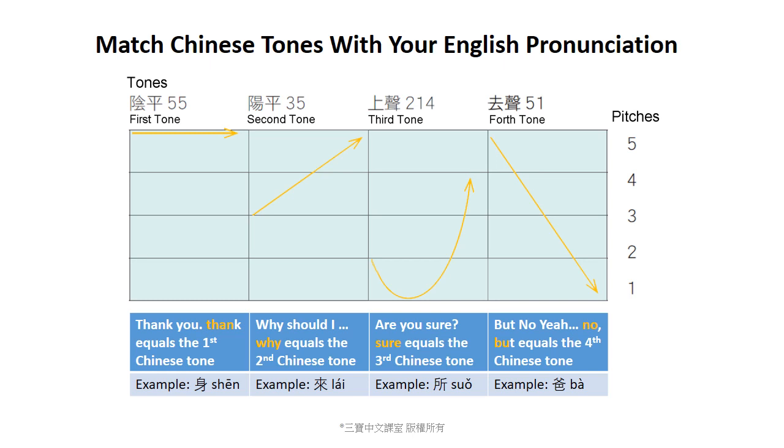In fact, not only the second tone, you do have equivalents in English to all the four major Chinese tones. Therefore, the most effective way for English-speaking Chinese learners to practice Chinese tones is to be aware of how to apply your voice ranges in English speaking to your Chinese speaking.